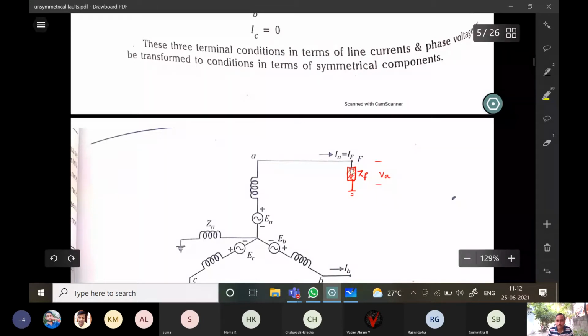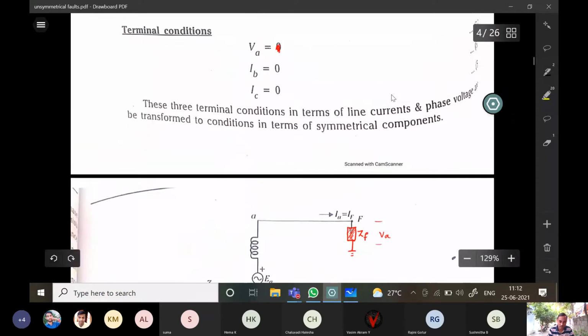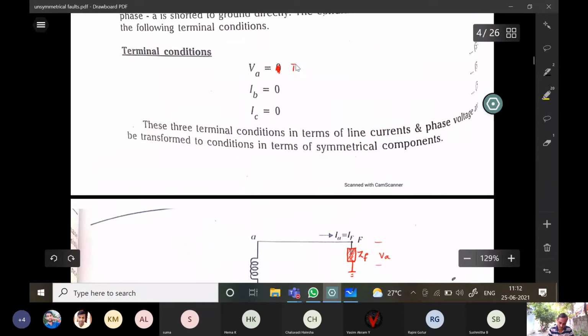So VA is equal to IA into ZF, impedance and current. This will give the VA. So a small modification here: IA into ZF, and the remaining IB is the same and IC is the same.